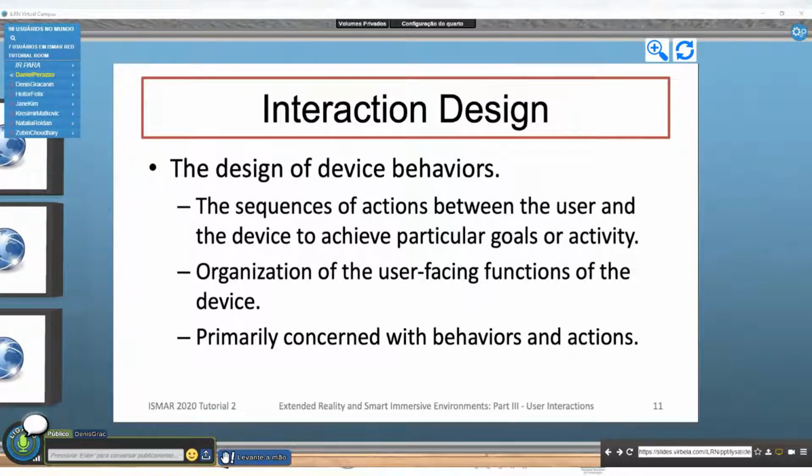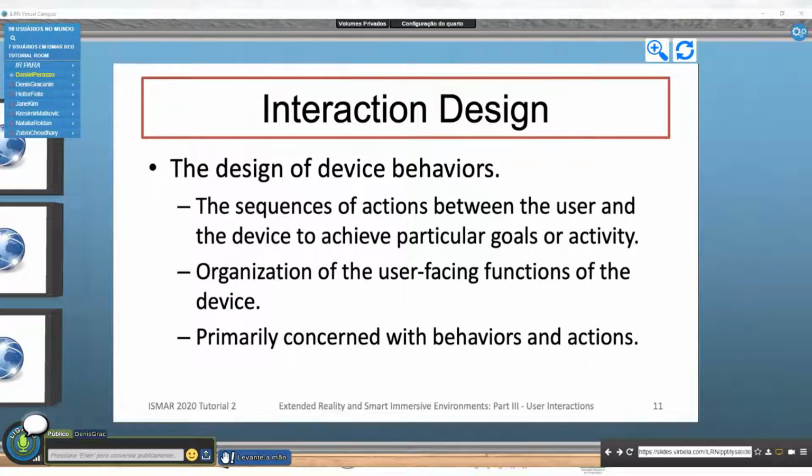So that means that when talking about a device, we need to look at, in terms of functionality and functional requirements, what the user requirements or user-facing functions are for the devices. So again, the focus is on behavior and action.